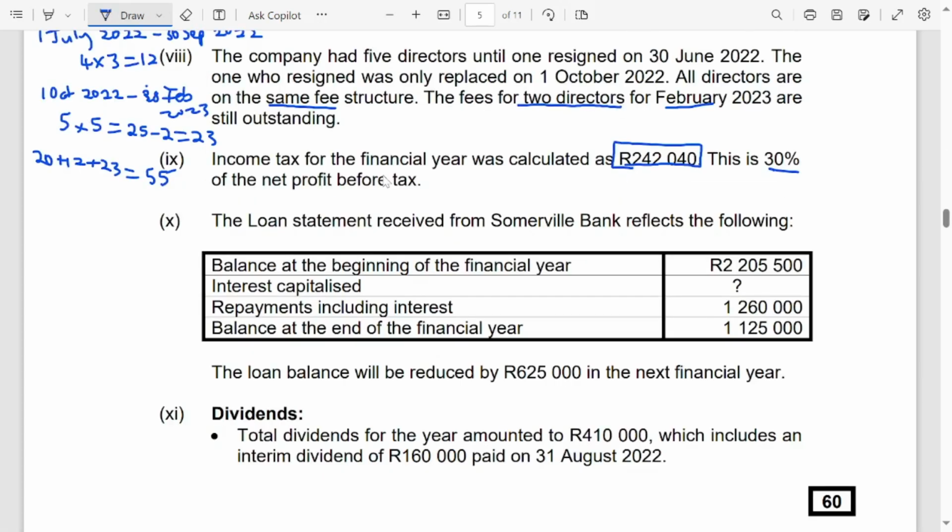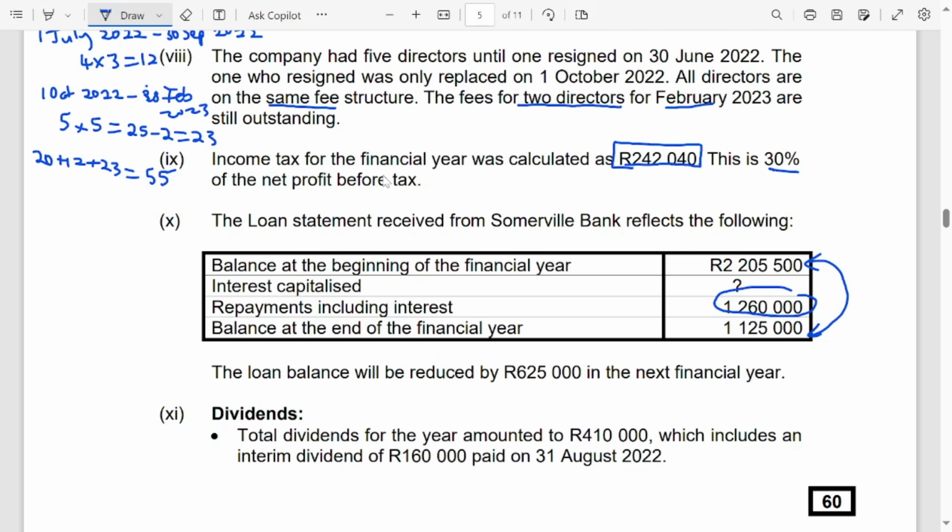Now let's see what else they said. They said repayments including the interest. These are the repayments. If you check, the loan has decreased. At the beginning of the year it was 2,205,500. Now it is 1,125,000.